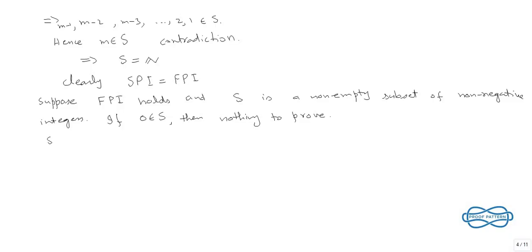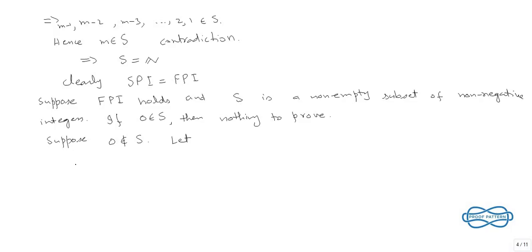Suppose 0 does not belong to S, and now we have to show that S satisfies the well-ordering principle, because we have considered that the first principle of finite induction holds.